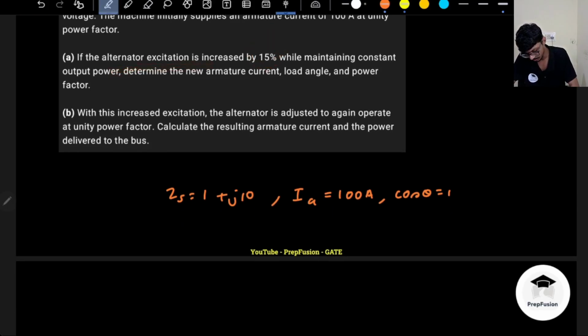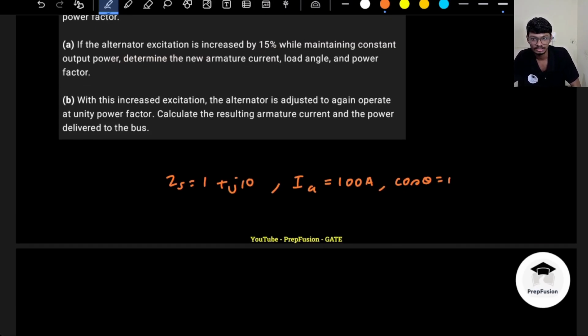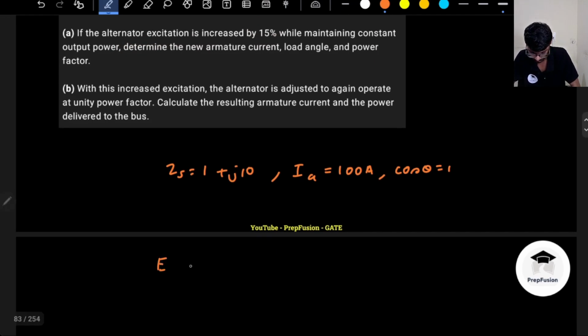If the alternator excitation is increased by 15%, maintaining constant power. So whenever they say excitation is increased, basically they are telling you that they are increasing the excitation voltage.